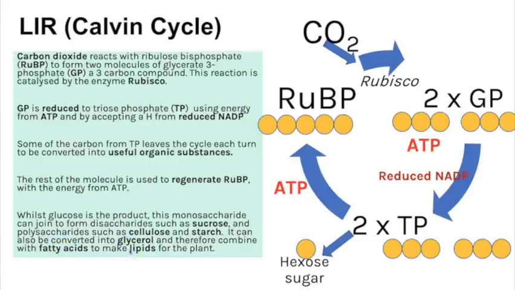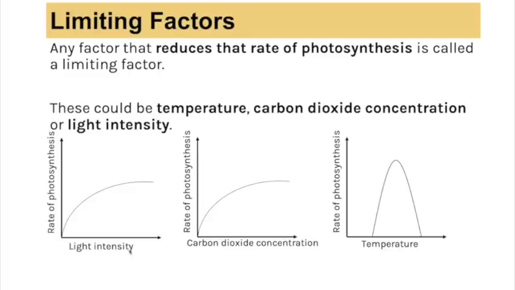amino acids. Now you need to know a little bit about limiting factors as well, and the limiting factor is anything that reduces the rate of photosynthesis. And that could be light intensity, carbon dioxide concentration, or temperature.